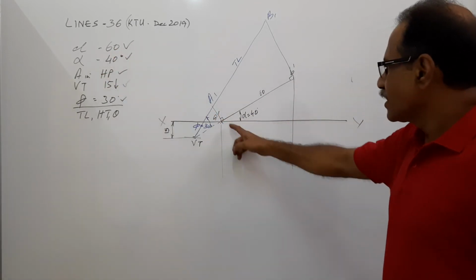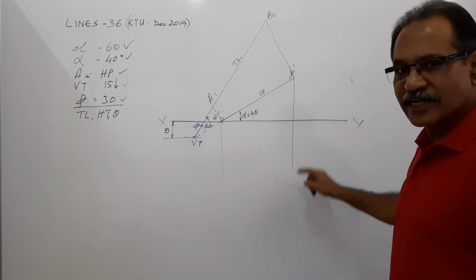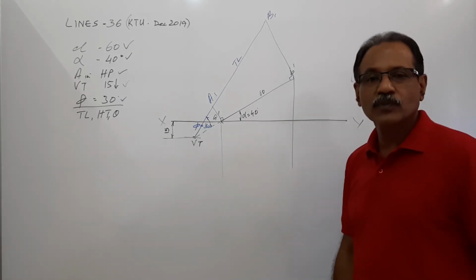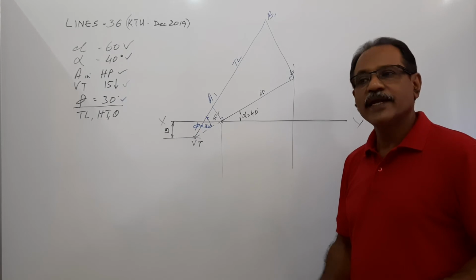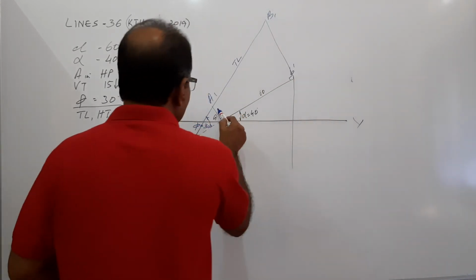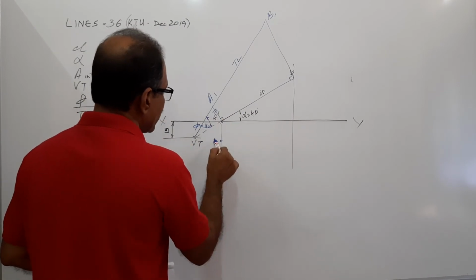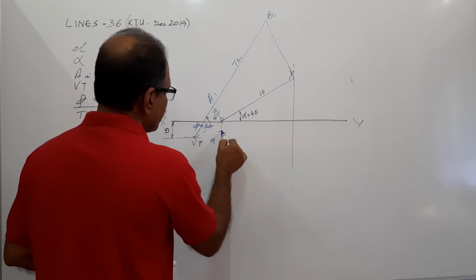Okay. The projector through A dash contains A. The projector through B dash contains B. Where are they? Now, take this distance down from XY, you get small a.